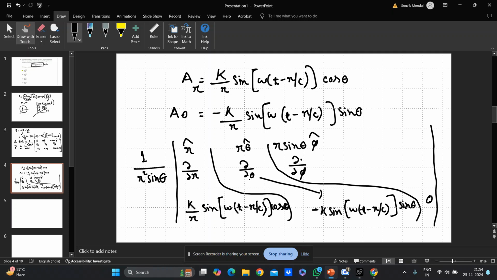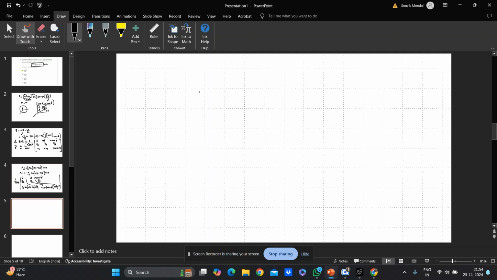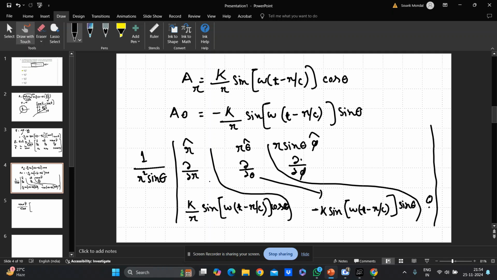Now look at r theta hat. So del del r into 0 minus del del phi into this term. So again this has no contribution. So the final contribution comes from this part, r sine theta phi hat, divided by r square sine theta. Okay, now take the derivatives. So del del r into this: if you differentiate with del del r, firstly sine omega t minus r by c changes to cos, because r is inside.